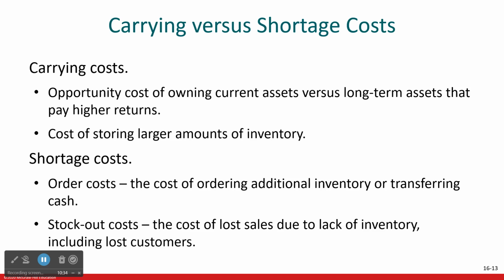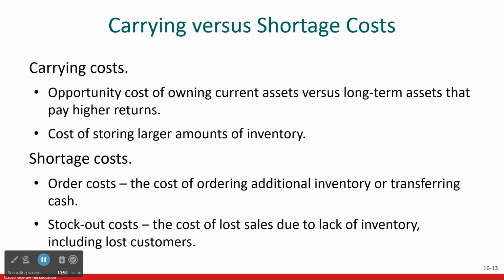So let's talk a little bit about carry cost and shortage costs. Carry cost is the opportunity cost of owning current assets versus long-term assets, and also the cost of storing inventory. In the case of shortage costs, we see order costs. You have to order more.